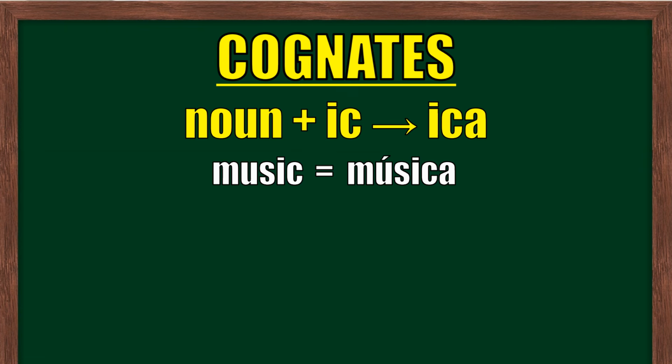Only adjectives can either end in ICO or ICA, depending on the noun that they describe. But all nouns that end in IC in English end in ICA in Spanish. Music, música. When we're speaking about logic, it is always lógica, la lógica, etc.